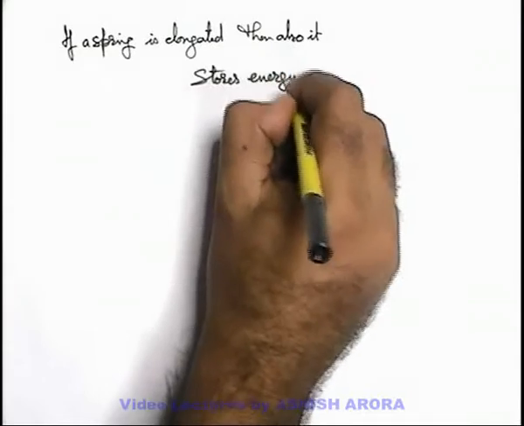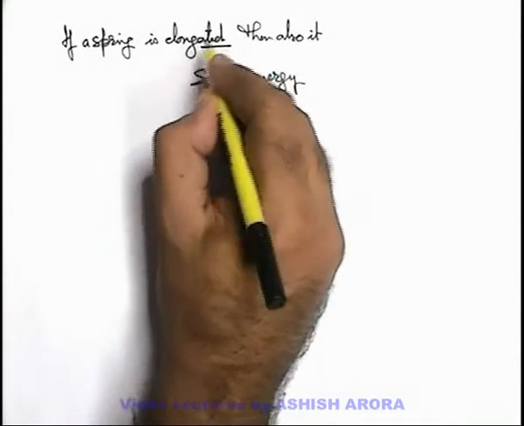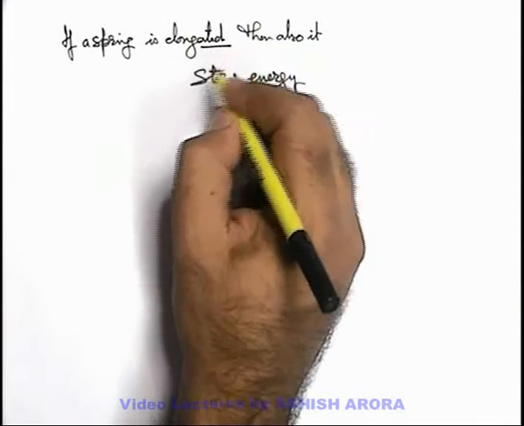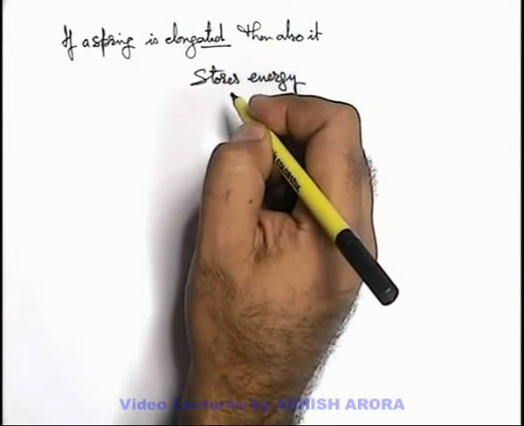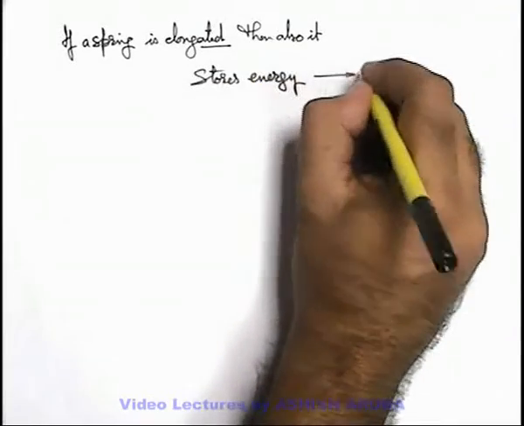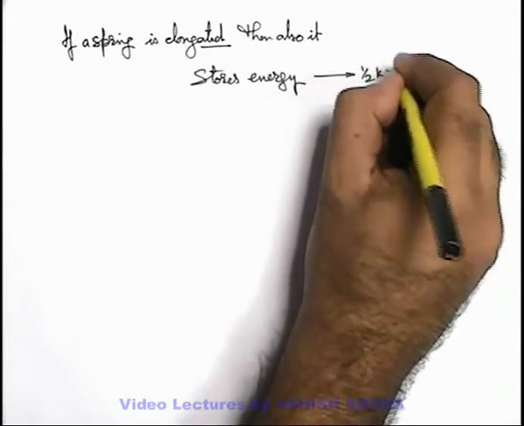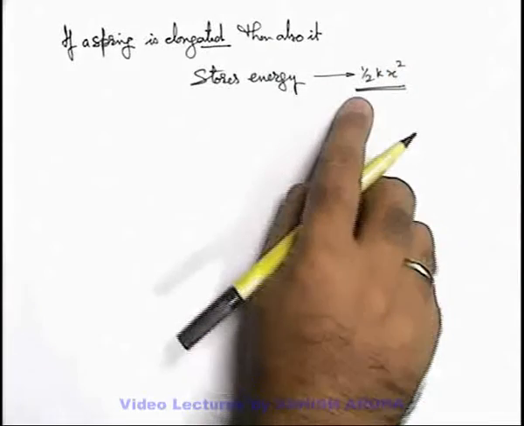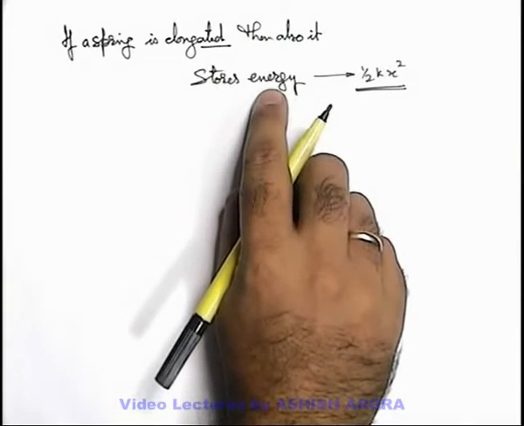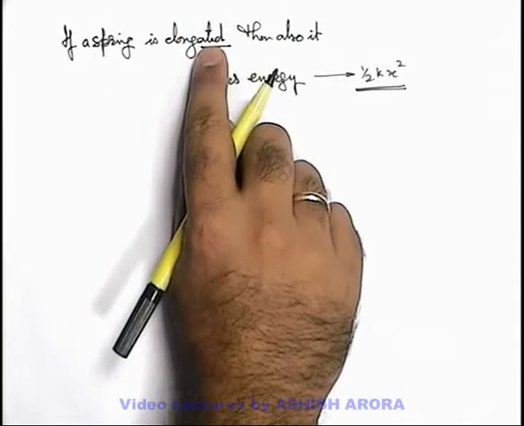Because we know very well that during elongation also the spring opposes the external force. And whenever opposition is done, gain of energy takes place because of negative work, so this stored energy will also be half kx square, since negative work is done on the spring in its elongation.